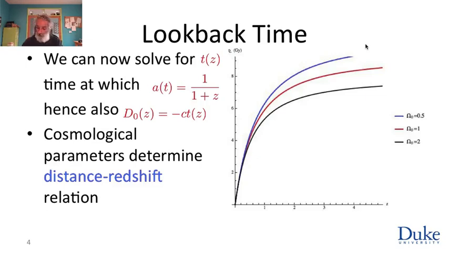And I see that for all three of them, at small redshift, I see a linear relation between redshift and distance. Well, that's a poorly drawn straight line, but you see what I'm saying.